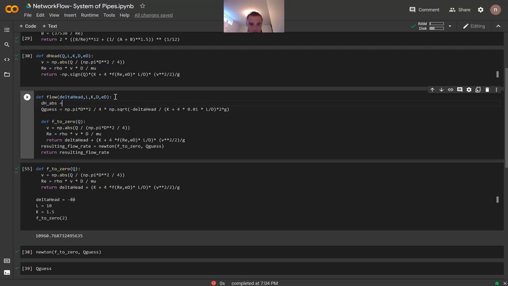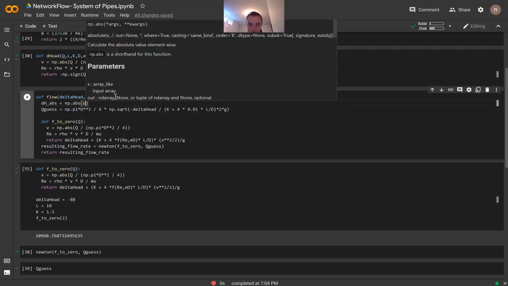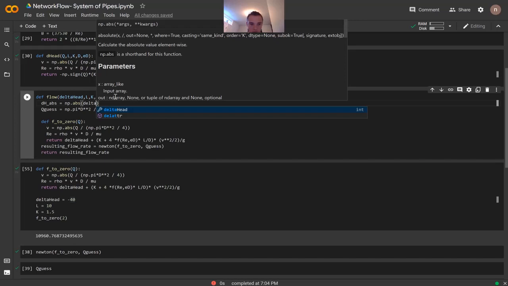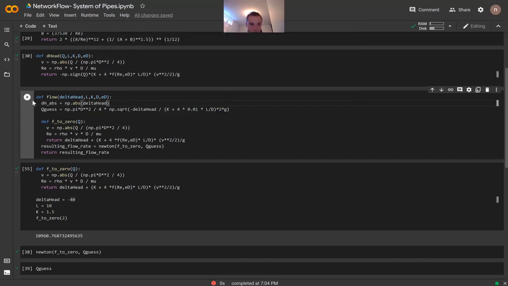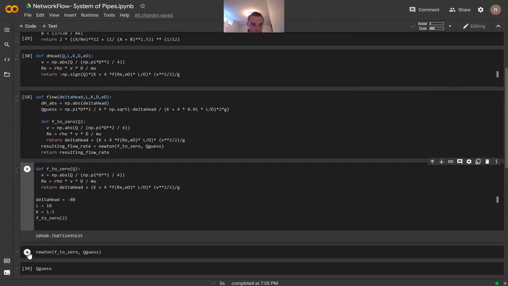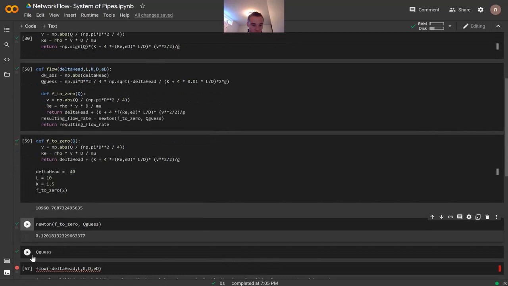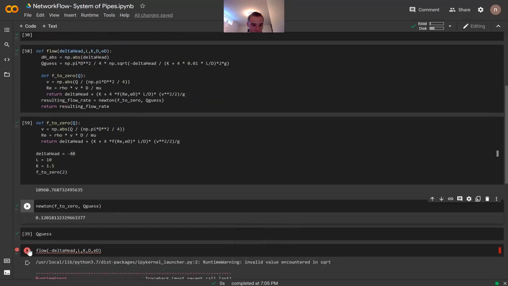We'll just say it's equal to the absolute value of our delta head, so we don't get a negative Reynolds number once again. So we have absolute value delta head, and that should fix our issue.